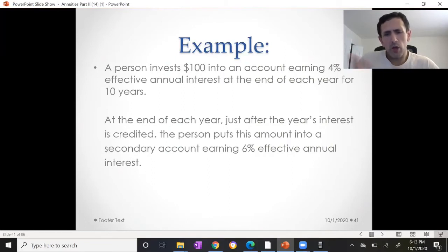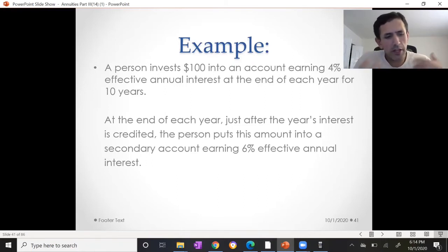Okay, so you want to just keep the principal amount of $100 in the account. You keep adding 100 into the account, and you always just want to keep the principal amount at the end of each year in the account, but you want to put the interest earned for that year into a secondary account.